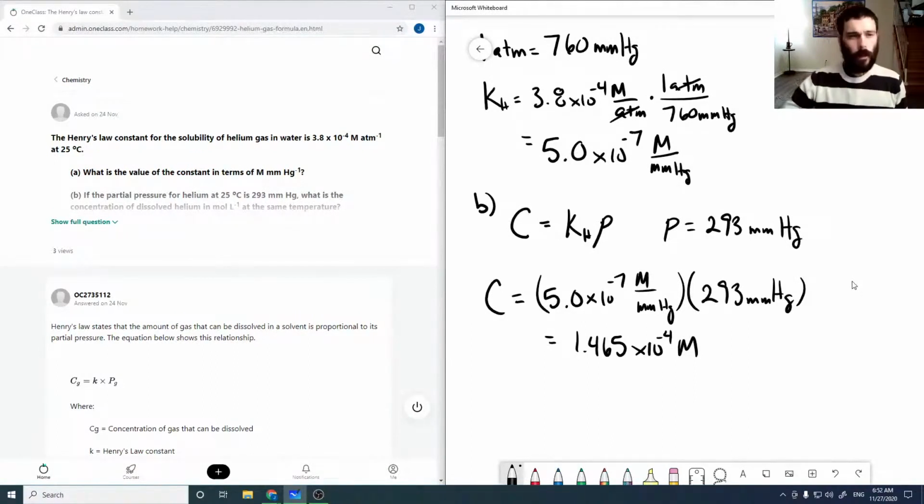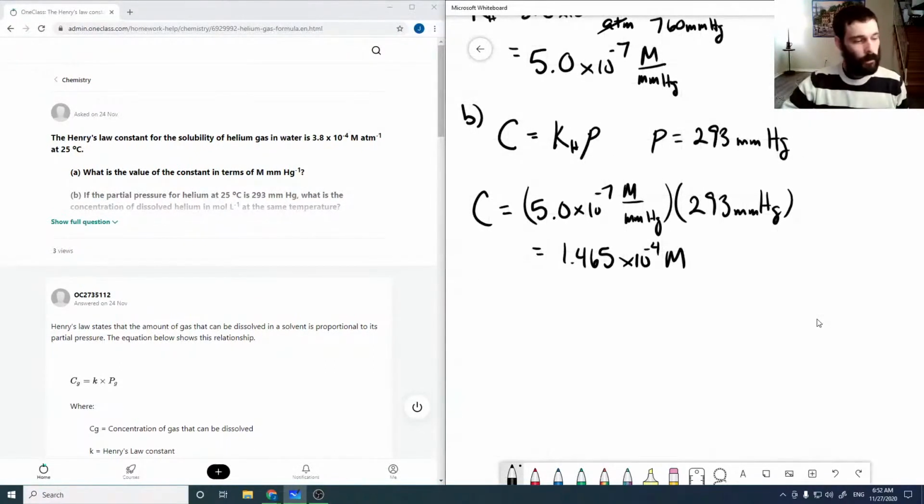Then part C asks what gas volume of helium is dissolved in 10 liters of water at this temperature and this partial pressure. This is our molar amount, and recall that this is moles per liter.